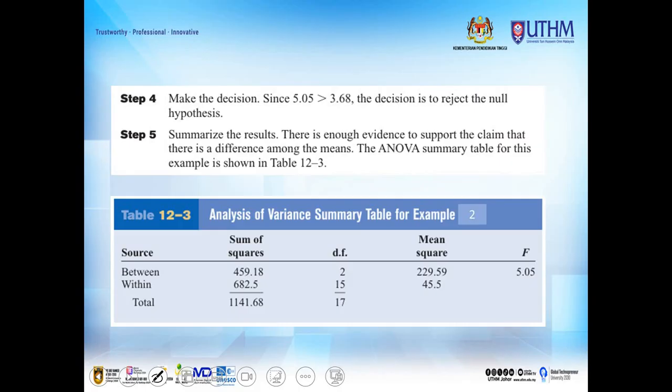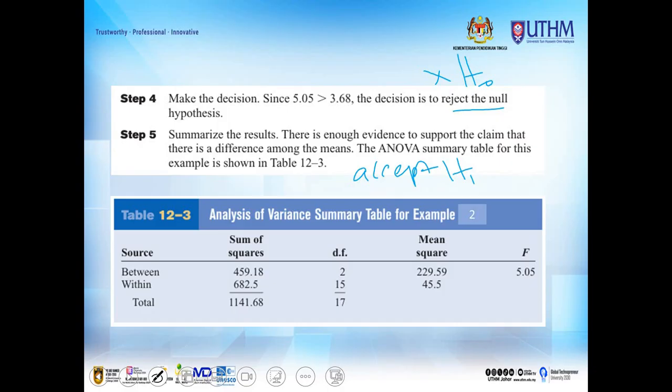In this case 5.05 is greater than 3.68, so reject the null hypothesis, and then summarize the result. There's enough evidence to support the claim, which means accept H1, reject H0.